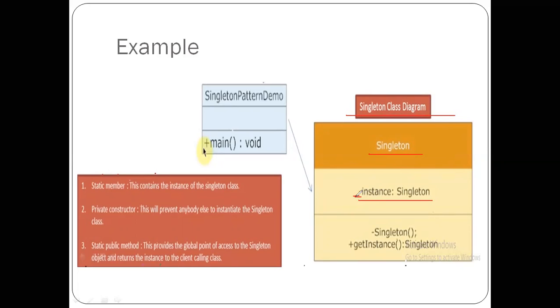The plus symbol is used for public access, and the minus symbol is used for private access. Which symbol have we used here? Minus. So this singleton is a private instance.